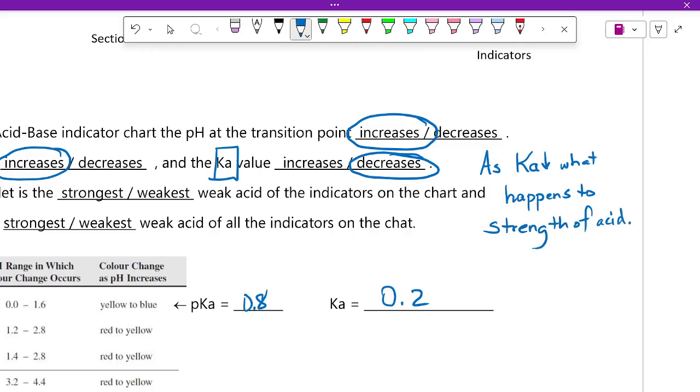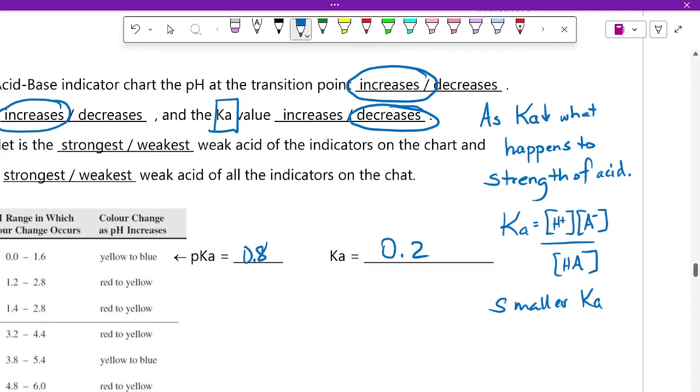If the Ka is decreasing, that means that there's more reactants than products, which means that H plus is more, which means that acidic form is more than basic form. So if Ka is smaller, that means we have less H plus and A minus.